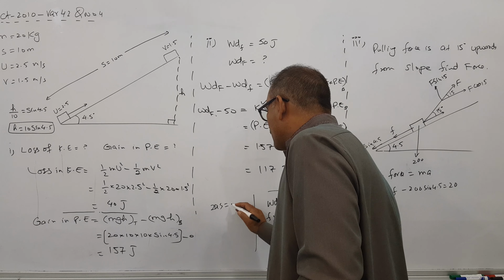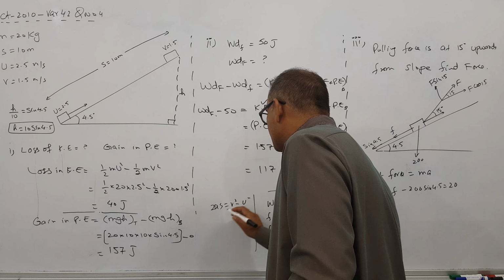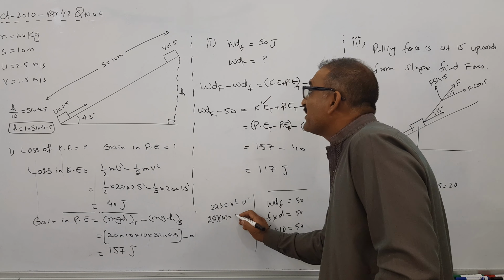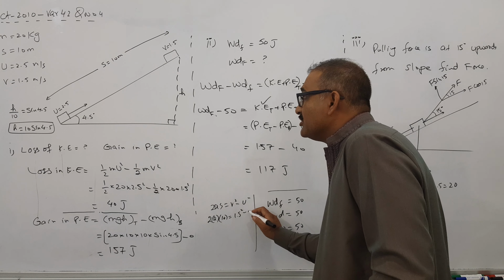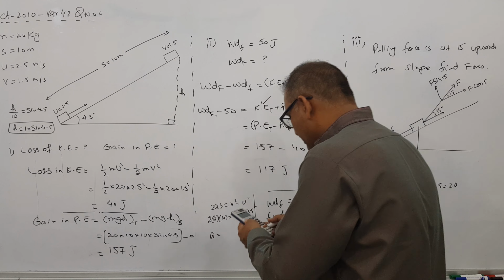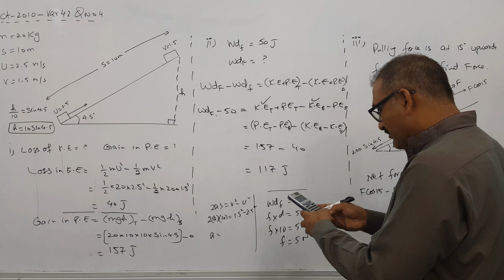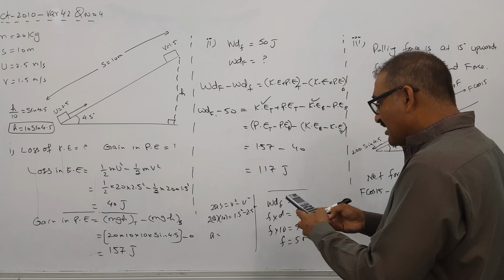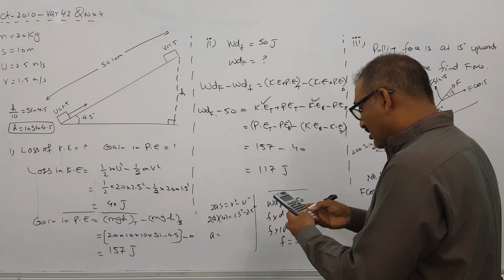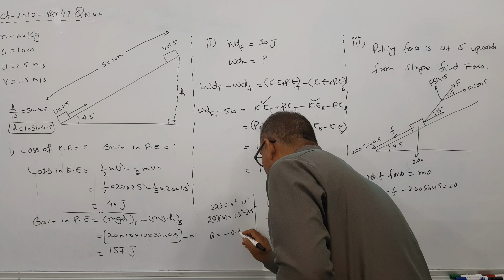2as equals v squared minus u squared: 2 times acceleration, s is 10, v is 1.5 and u is 2.5, squared. So acceleration is 1.5 squared minus 2.5 squared, divided by 20. I got the answer negative 0.2.